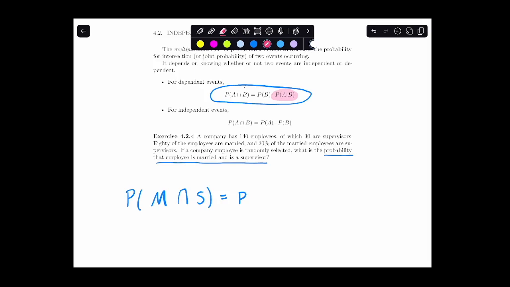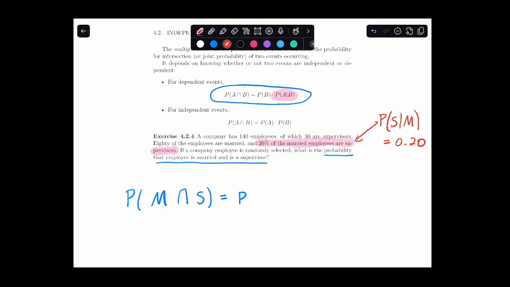We are given that 80 of the employees are married and 20% of the married employees are supervisors. So that statement right here is telling us that if we look at the probability of being a supervisor, if we're given that they're married, that probability is 20% or 0.2.